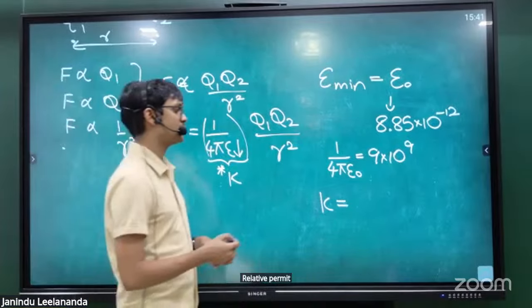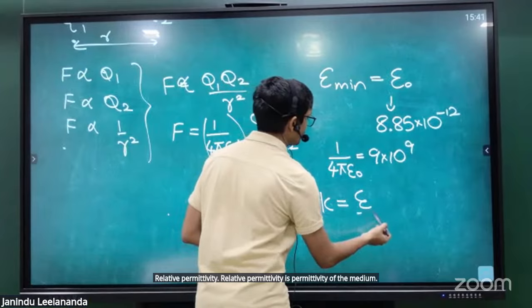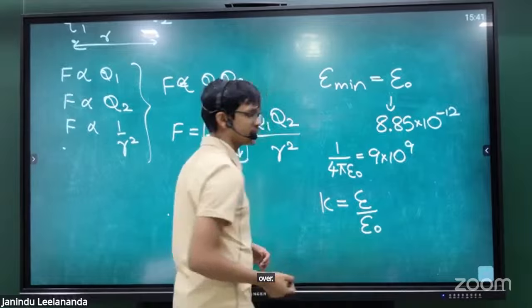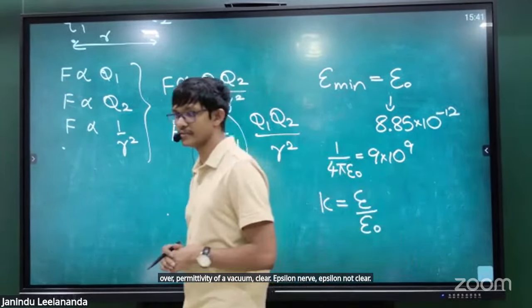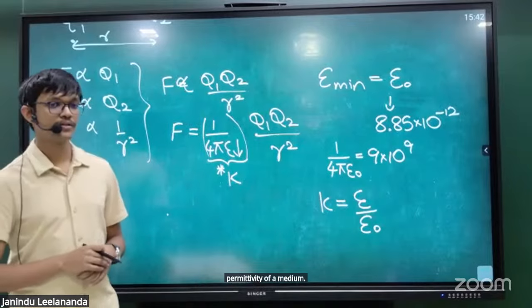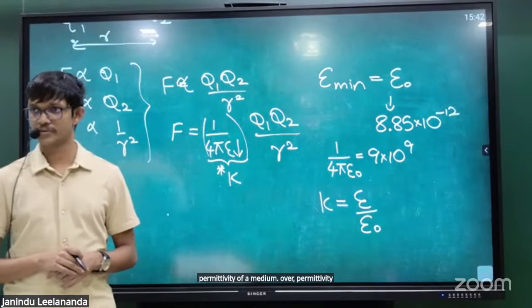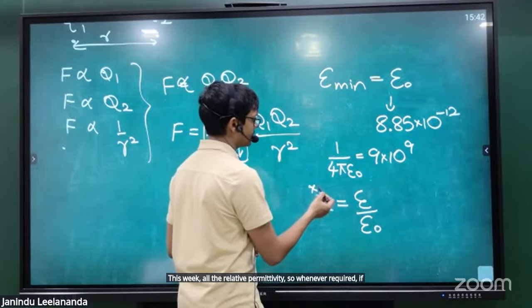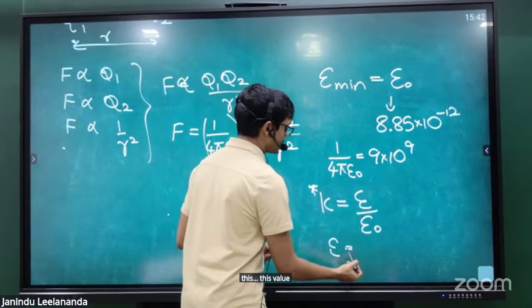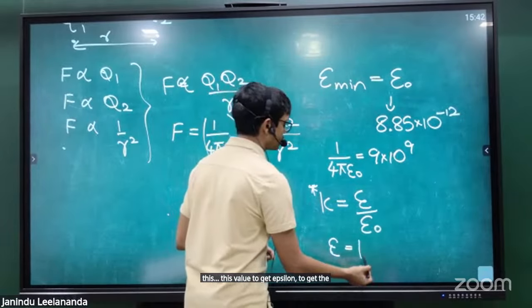Relative permittivity is the permittivity of the medium over the permittivity of a vacuum, epsilon over epsilon naught. So whenever required, if they give this value k, to get the permittivity you can use k epsilon naught.